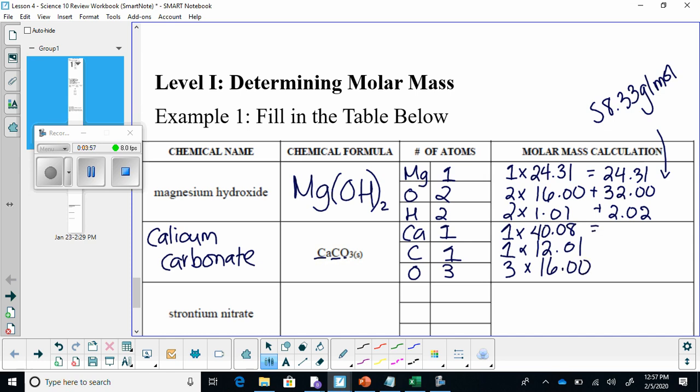Okay, this gives me a total of, calculate this out, 100.09 grams per mole.